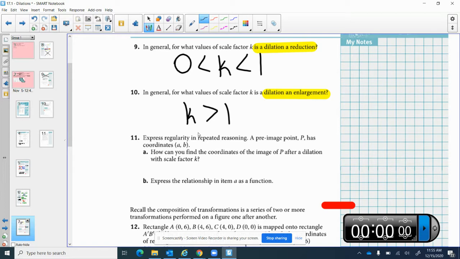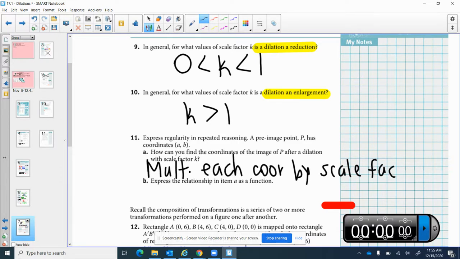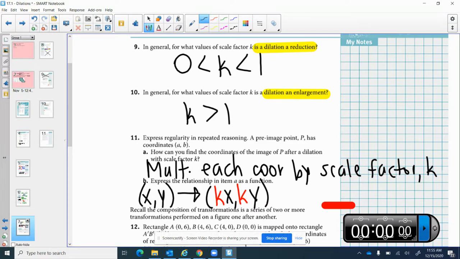If you're just multiplying by 1, then it's staying the same size, right? And again, we're dealing with multiplication each time. So you're going to multiply each coordinate by your scale factor k. So each time as a function rule, it would look like this, where we're multiplying k times your x value and k times your y value to either reduce or enlarge.